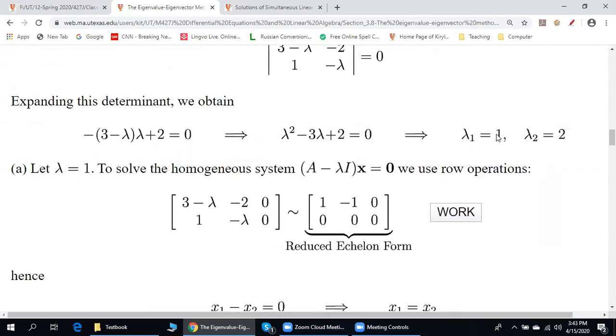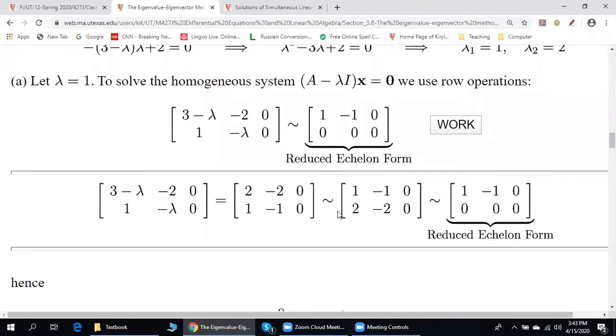Suppose lambda is equal to 1. It's case 1. In order to solve our homogeneous system, we create the corresponding augmented matrix and then apply elementary row operations to come up with a reduced echelon form.